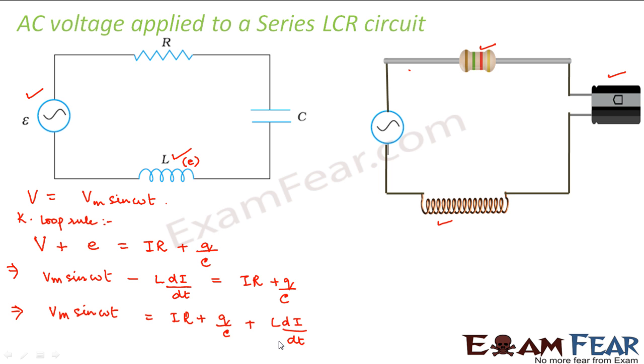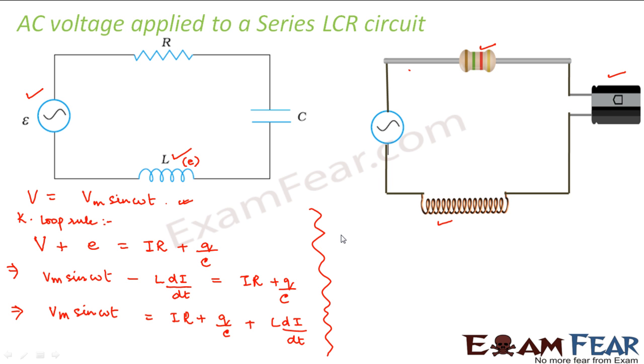Now what is our aim here? Our purpose is to find the expression for current, because we want to see what current will be developed in this circuit when we give an alternating voltage of this form.